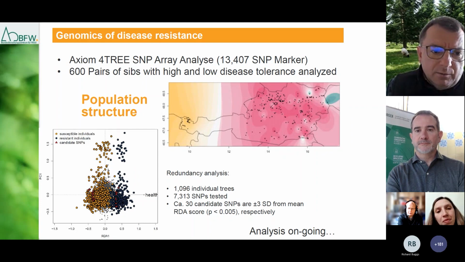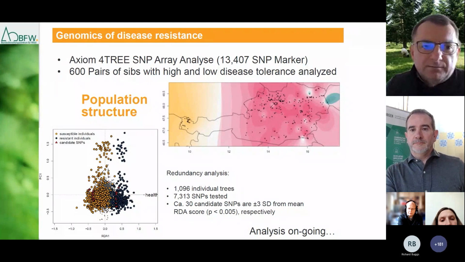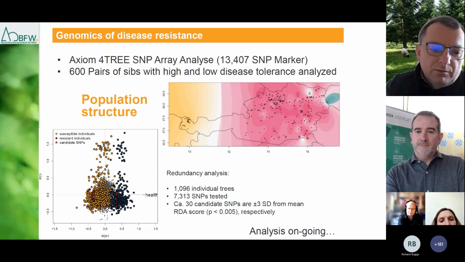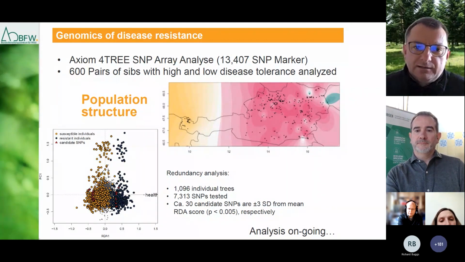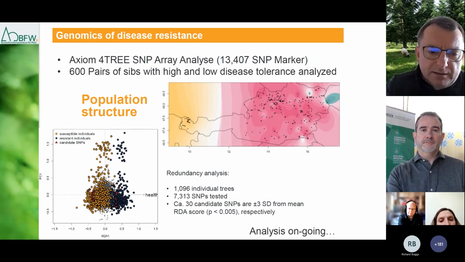What we have done is similar to the approach initially also taken by Richard's group. We have analyzed around 600 pairs of sibs, so siblings from the same mother, but with high and low disease tolerance. These were the basis for our analysis.